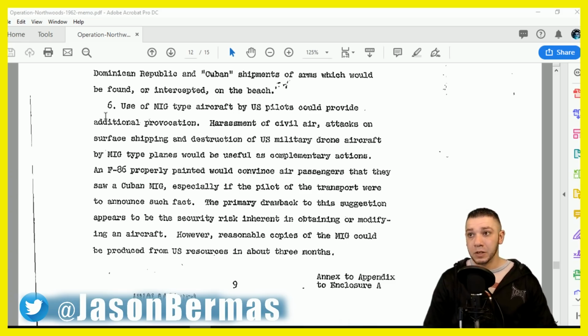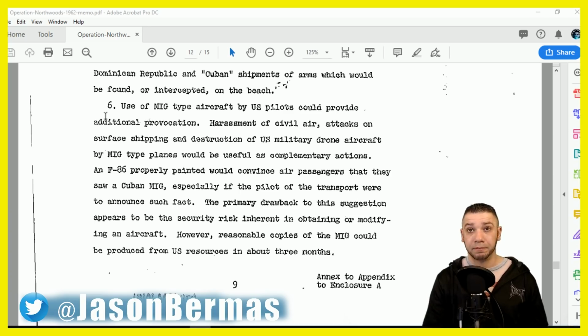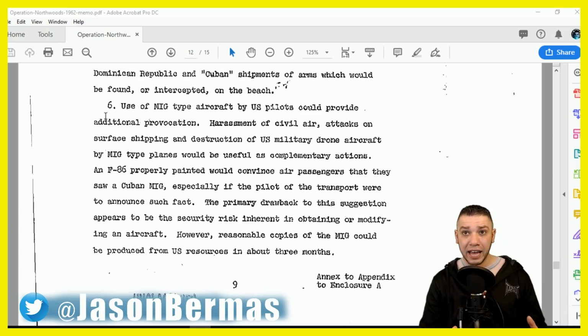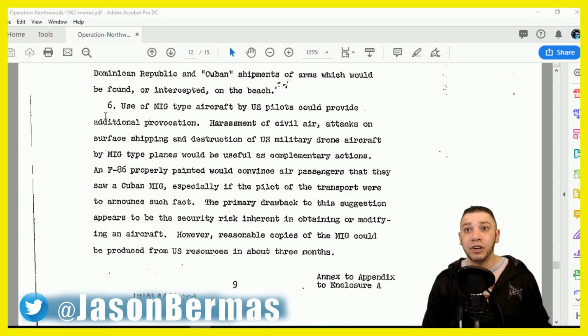All right? So again, we may not have the MiG, but we'll dress something up we have like the MiG, and then we'll use that to harass a civil aircraft. Or hey, why don't we just have a military drone? An F-86 properly painted would convince air passengers that they saw a Cuban MiG, especially if the pilot of the transport were to announce such fact.